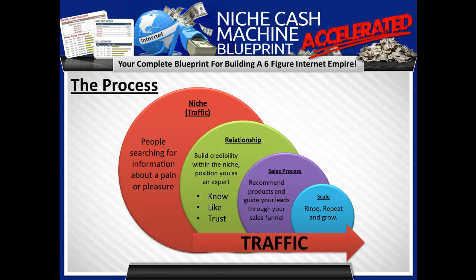And so basically that is the flow that we send the traffic through, and that is really the process behind how money is made online. That is the entire process of a niche cash machine. And what we could do is we could take this process and bolt it on to any niche out there, really.